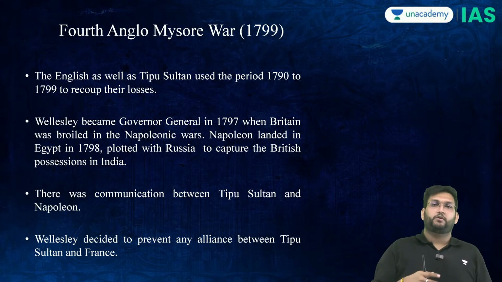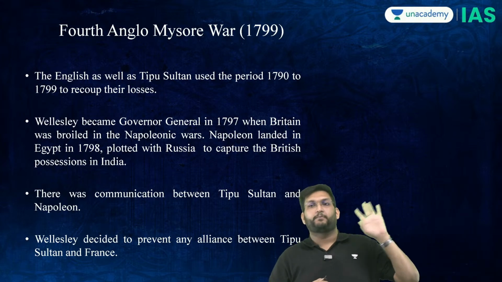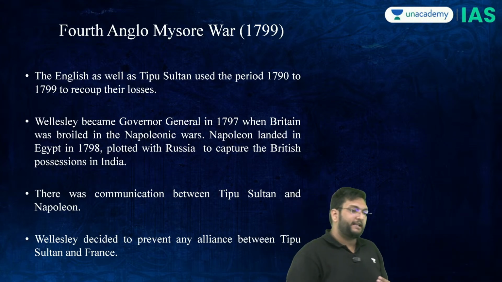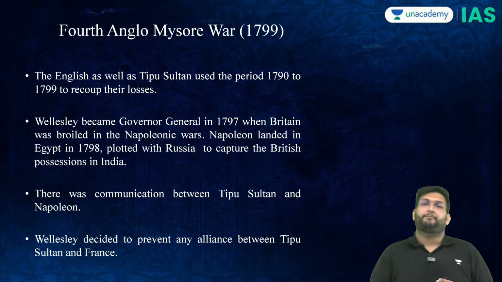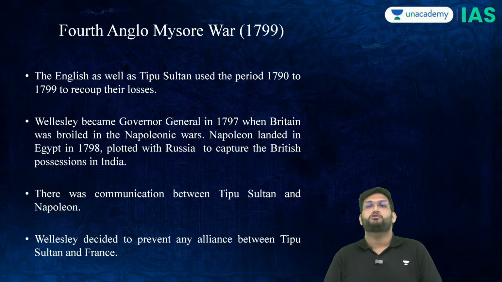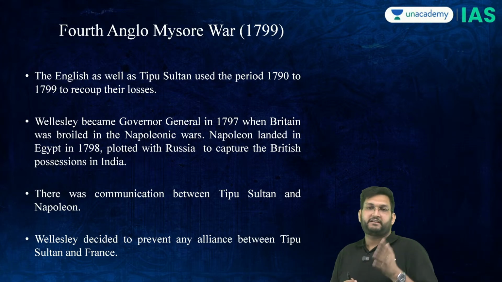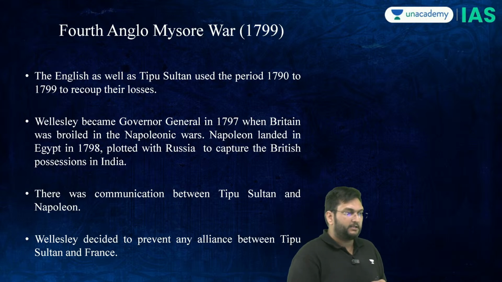Now, the context for the Fourth Anglo-Mysore War is actually not in India, but with the rise of Napoleon. Napoleon, through a coup, captured the Directory rule in 1799, which is called Consulate rule. Tipu Sultan was recouping his power between 1790 and 1799.